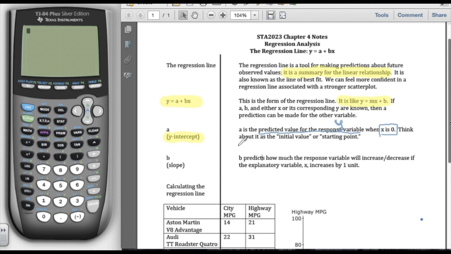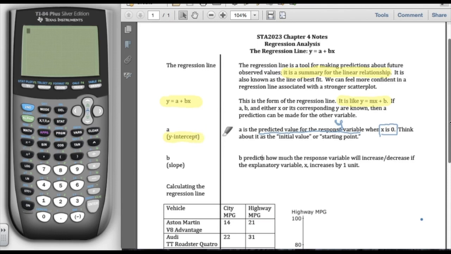So when the explanatory part, the x part of our data, is 0, this is what we would predict the y to be. Think about it as the initial value or the starting point. Now it's not 100% guaranteed that when x is 0, this is the number we'll get. It may be extrapolation, but that's what we can think about it as being.